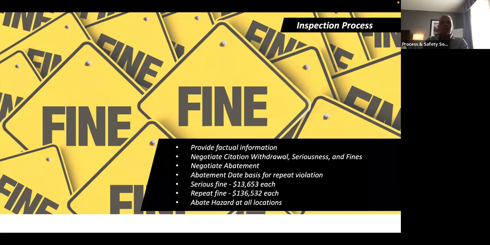Also remember the date that you sign an agreement on, whether it's the abatement or whether it's a settlement agreement in the case itself, that date becomes the date from which, if you have an inspection at one of your other facilities and they find that exact same hazard at those other facilities, those now become repeat violations.